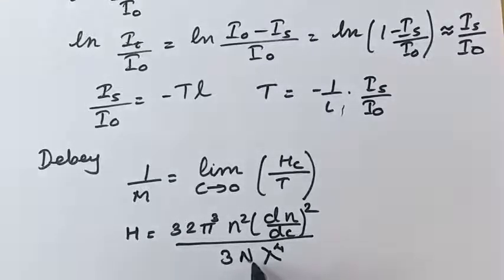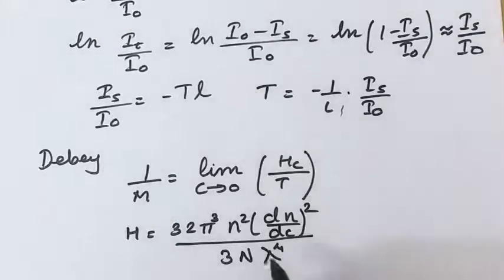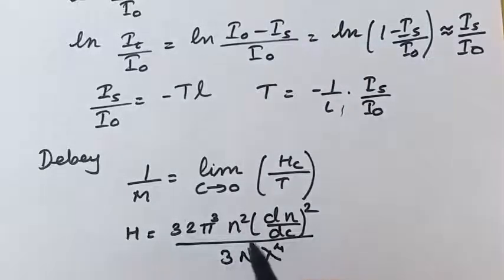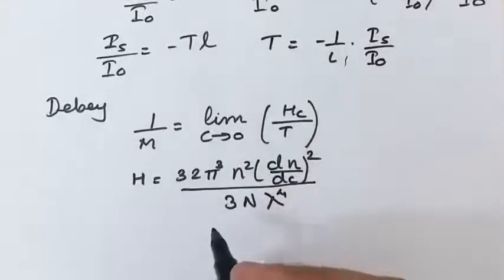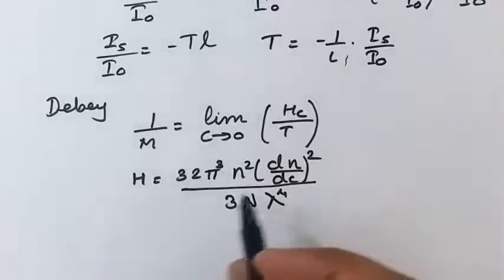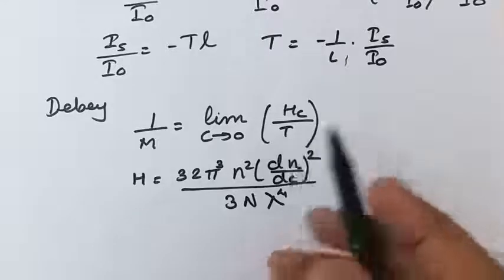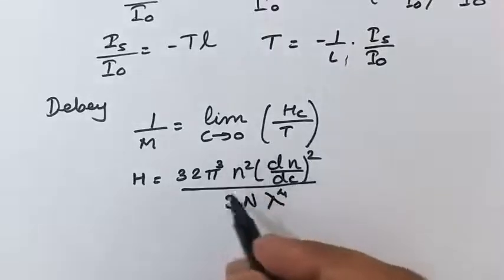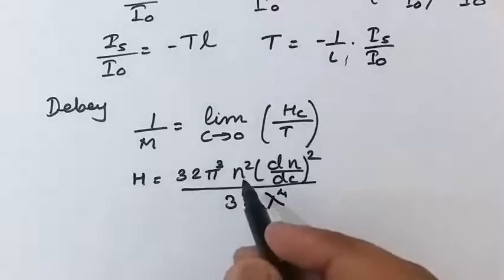Capital N over here is the mole fraction of the solute, and lambda is the wavelength of the light that is used. So in order to find the molecular weight of a particular solution, we need to find its turbidity, and we need to find the refractive index of that particular solution.